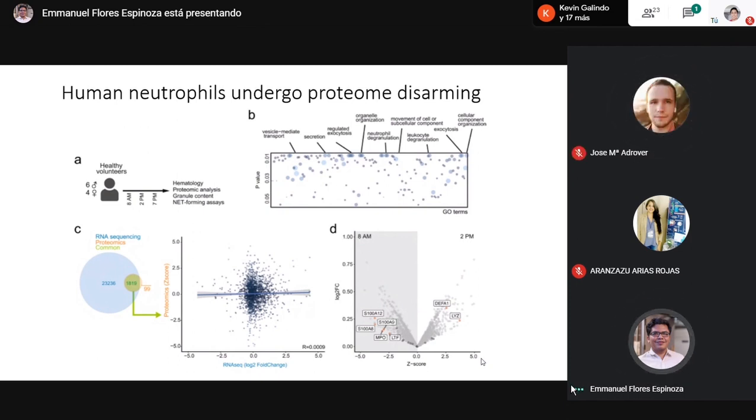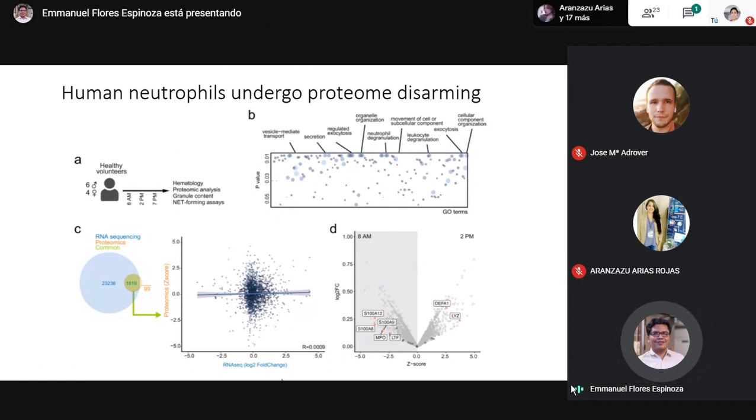Then in C they do the comparison of the proteomics data with RNA sequencing data, and again there is no correlation between these two data sets. So they say that in humans, as in mice, there is no correlation between transcriptional change and the proteome change viewed in these neutrophils.